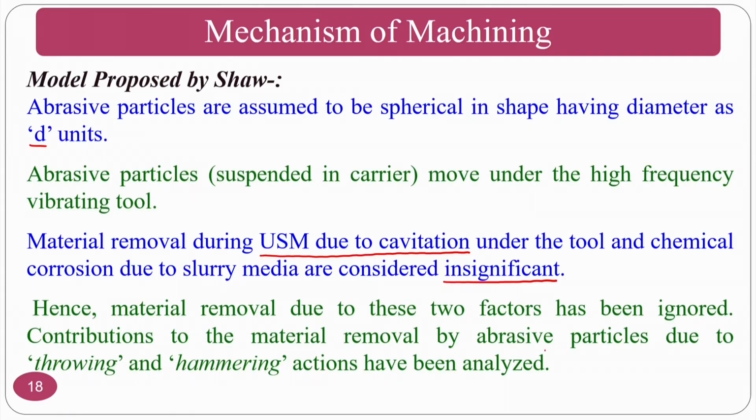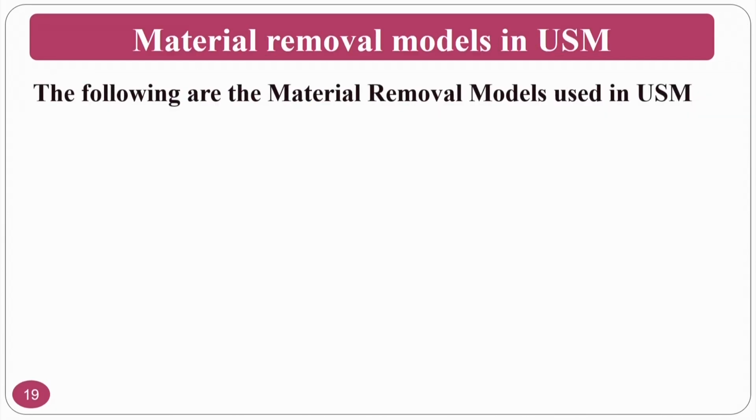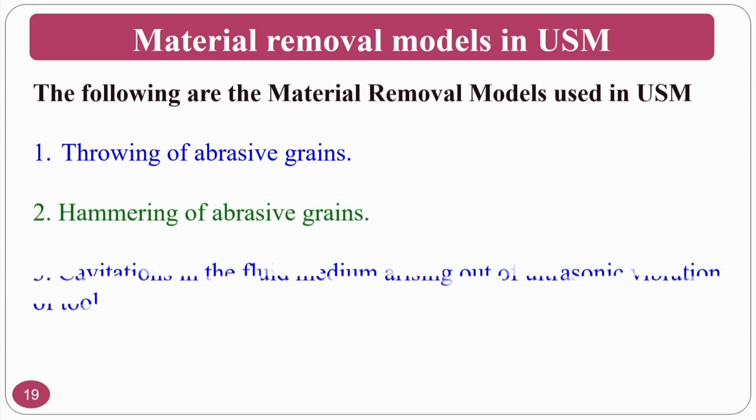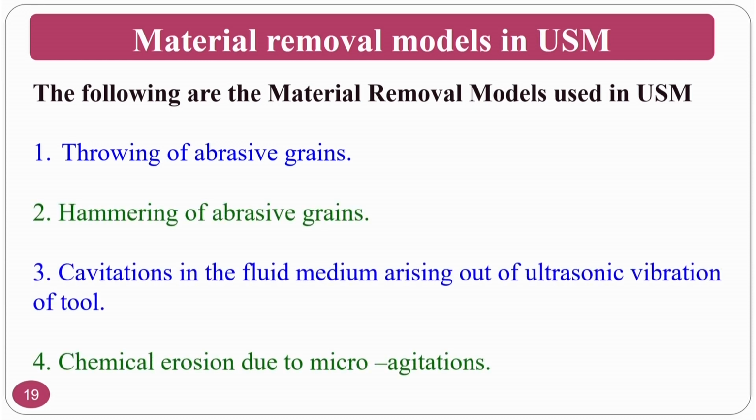The contribution to material removal by the abrasive particles through throwing and hammering actions has been analyzed. Since chemical corrosion and cavitation are negligible, the only 2 options are the mechanical ones, that is, throwing and hammering actions. So there are 4 mechanisms, that is, throwing of abrasives, hammering of abrasives, and this particular model considers these 2 only.